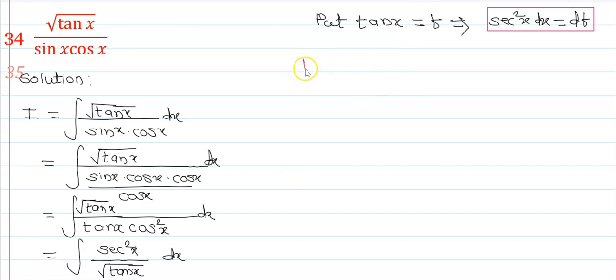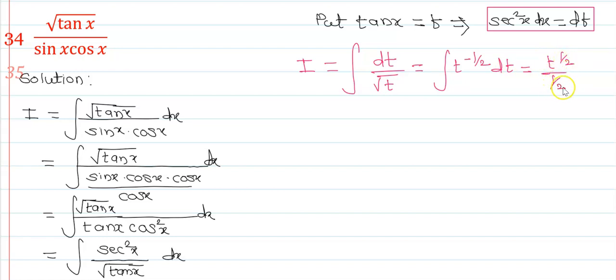Therefore, I is equal to the integral of sec square x into dx, this is dt, upon root of t. Now the integral of 1 upon root of t is the integral of t raised to minus 1 upon 2 into dt, which is t raised to 1 upon 2 upon 1 upon 2 plus c.